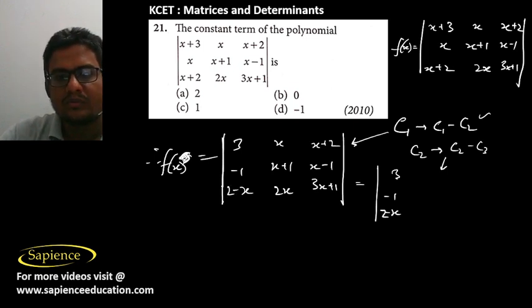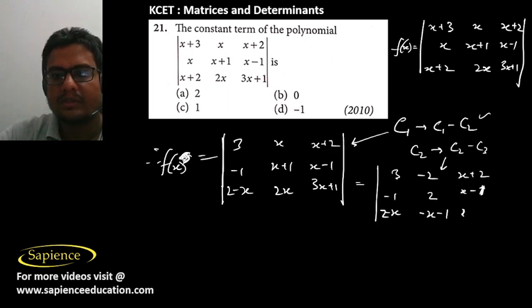Okay, this is 2 minus x, and this will be x minus of x minus 2, that is x minus of x plus 2, that is minus 2. And then this will be x plus 1 minus x minus 1, that is also 2. This will be 2x minus of 3x plus 1, that is minus x minus 1. So this is x plus 2, x minus 1 into 3x plus 1.